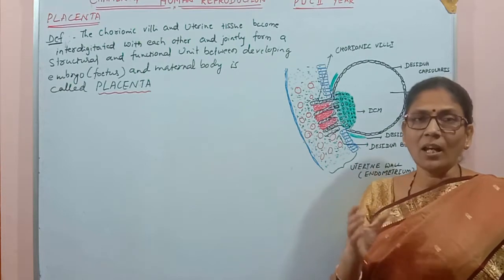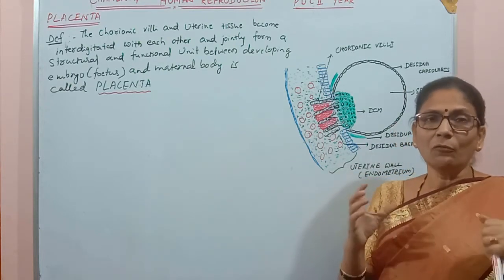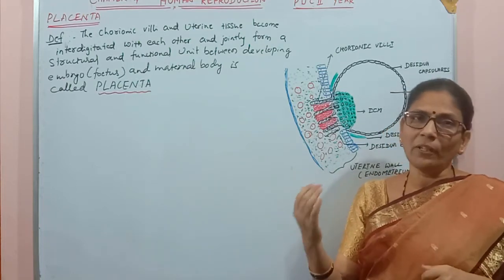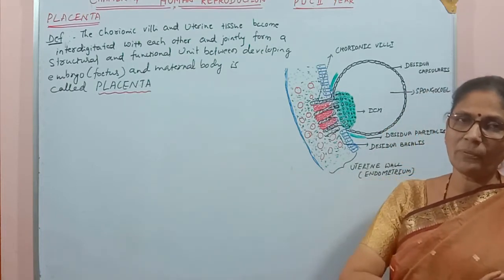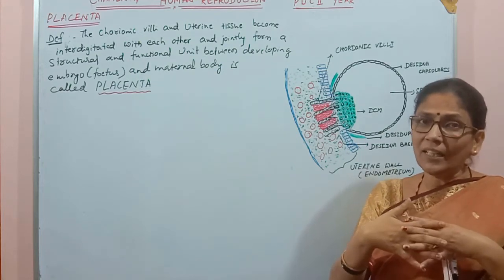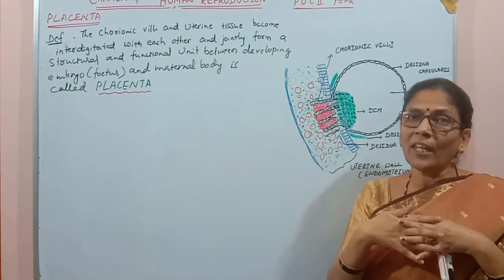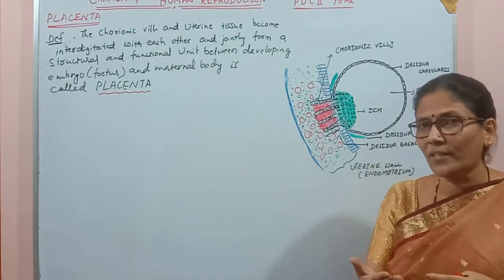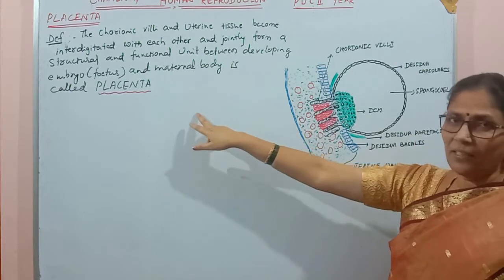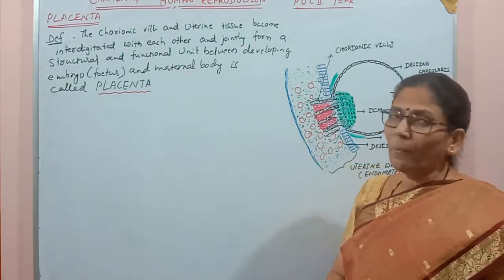So the placenta is made by the involvement of two tissues. One type of tissue is from the fetal side, another type of tissue is from the maternal body side, and these two tissues are interdigitated and form an organic connection. That organic connection we call a placenta, or we may also define it as here. So, definition of placenta.